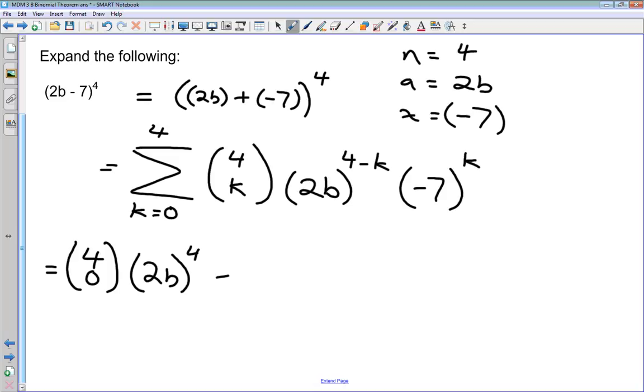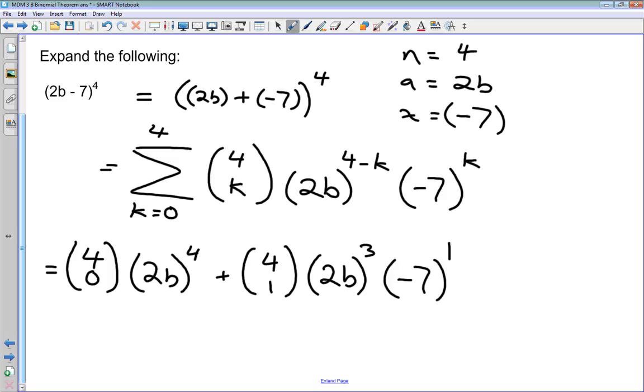Next up, we're going to have 4 choose 1, because k is now equal to 1. We'll have 2b to the exponent of 4 minus 1, so 4 minus 1 is going to be 3. And then negative 7 to the 1.